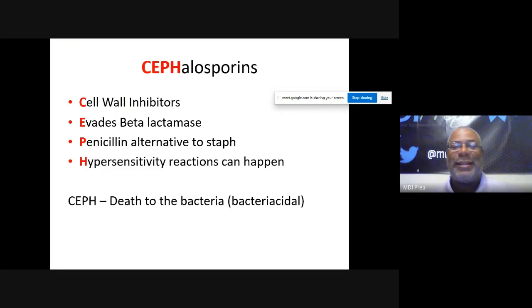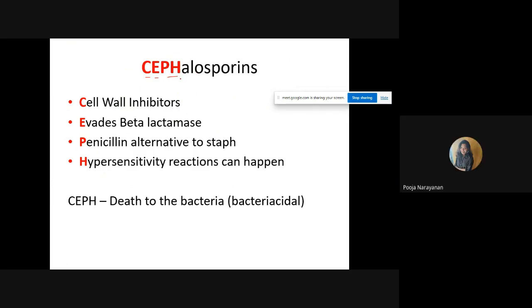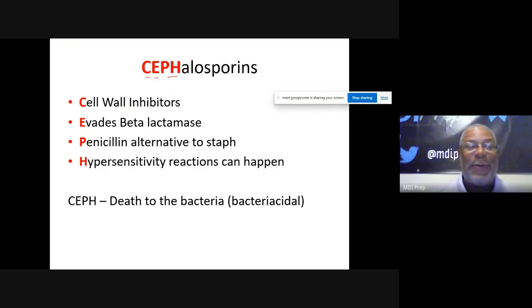Okay, now let's get to our cephalosporins, C-E-P-H. Now, we already know the mechanism of action, right? How do cephalosporins work? Cell wall inhibitors. Good. What is the cell wall of a bacteria made of?